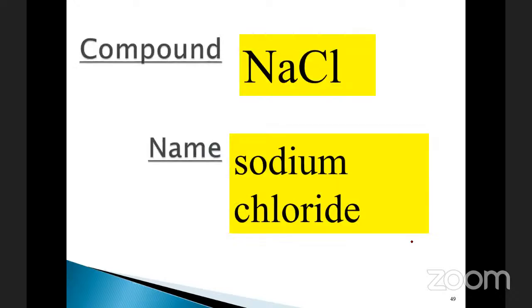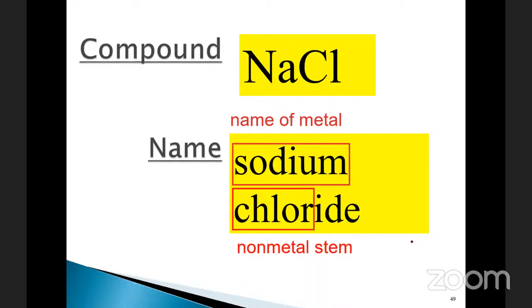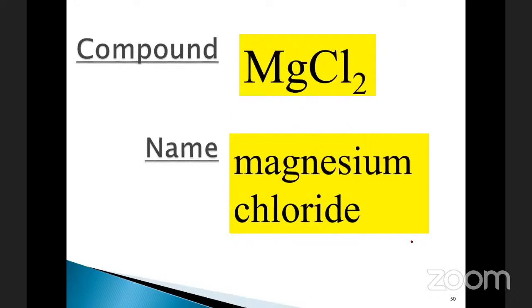In the case of NaCl, the name of this compound will be sodium chloride. The first part comes from the name of the metallic part of the compound, and the second part comes from the stem of the nonmetal name, followed by IDE. So the name of this compound is sodium chloride.